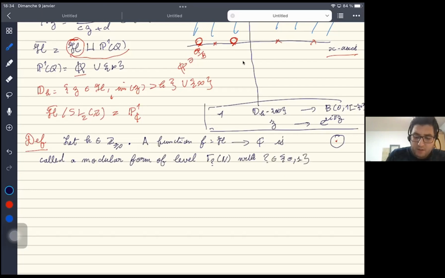It's just a notation here: for me, it's level gamma 1 or gamma 0.